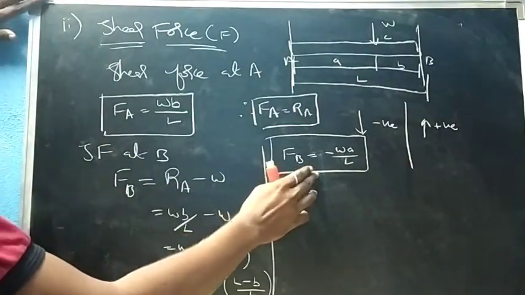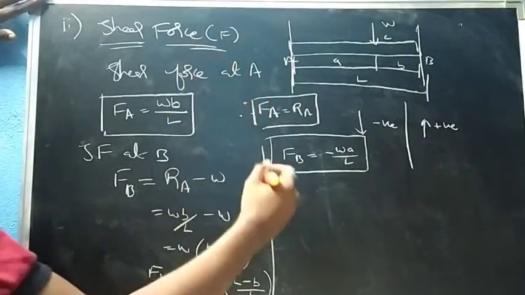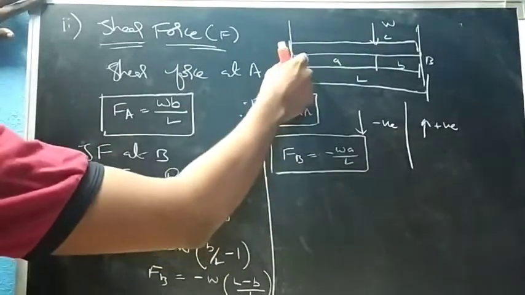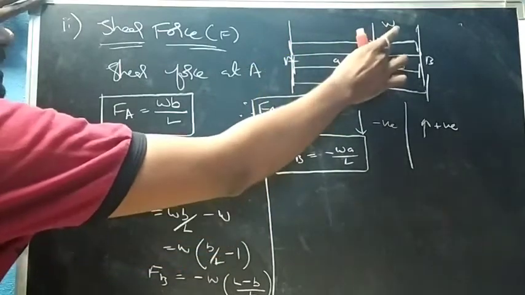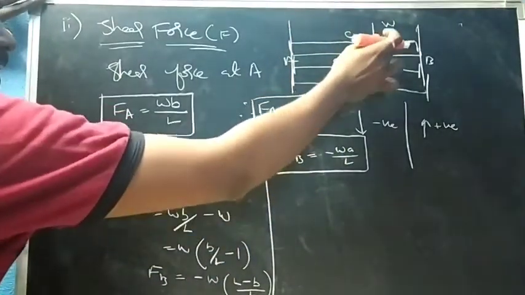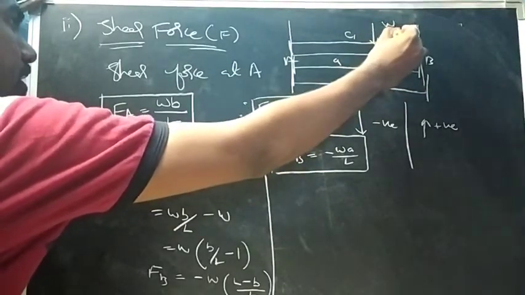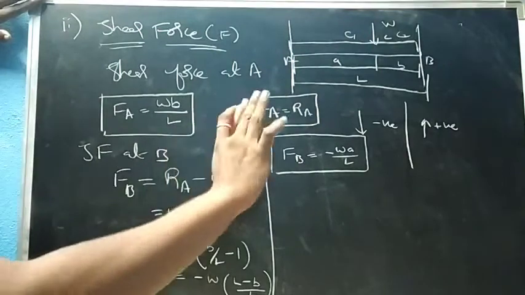Now we will find the shear force at C1. The shear force between A and C is considered as the shear force at C1, and the shear force between C and B we consider as C2. Clear?